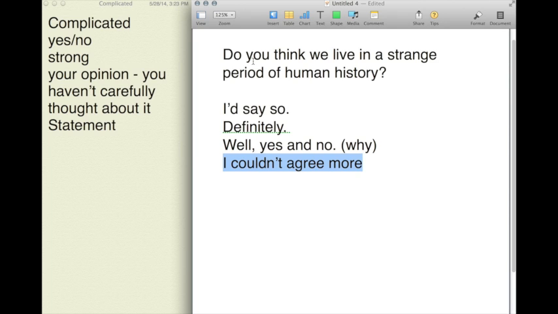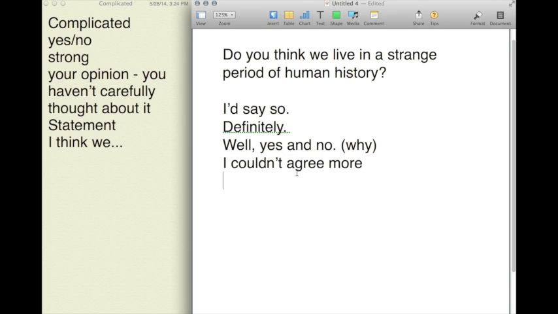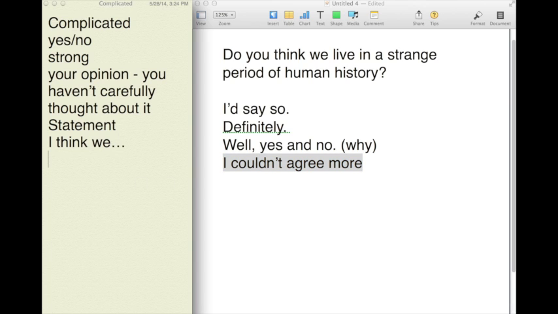If somebody says, I think we live in a strange period of human history, then you can say, I couldn't agree more. However, this sentence has become very commonly used in China. We can consider it a kind of Chinglish now. It's actually not often used in common everyday English, right?